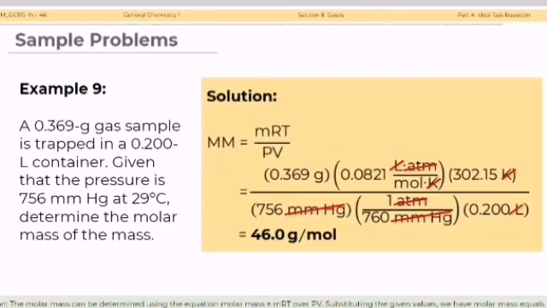Substituting the given values, we have molar mass equals 0.369 grams multiplied by 0.0821 liter atmosphere per mole Kelvin times 302.15 Kelvin all over the quantity of 756 millimeters of mercury times the conversion factor of 1 atmosphere per 760 millimeters of mercury times 0.200 liters. Cancelling the units and simplifying, we obtained a value of 46.0 grams per mole.